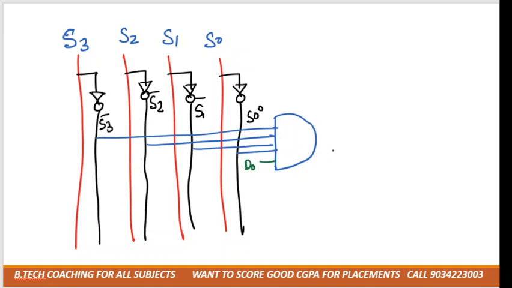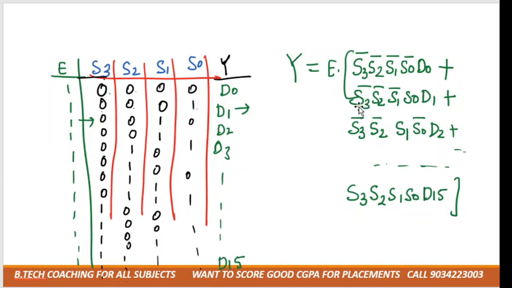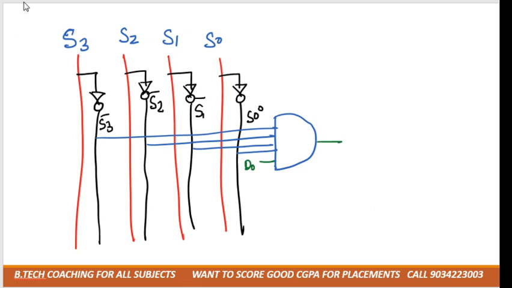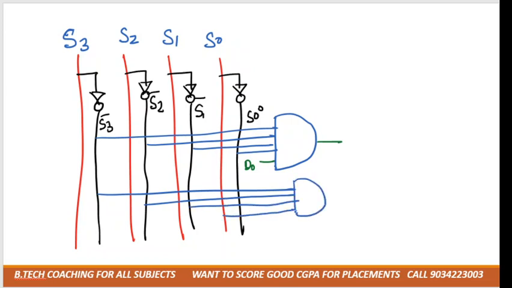Similarly we do it for the second: S3 bar, S2 bar, S1 bar, then S0 as it is. Again we connect S3 bar, S2 bar, S1 bar and S0 with the red line. Then we have D1 also.